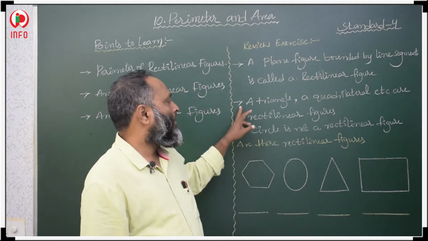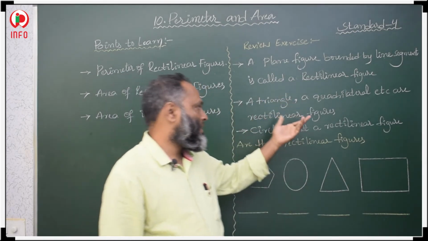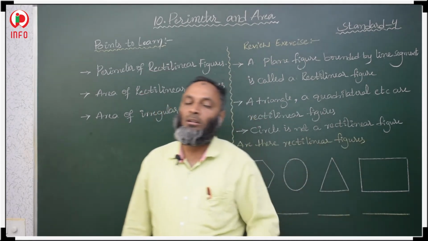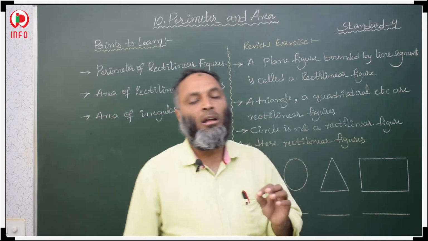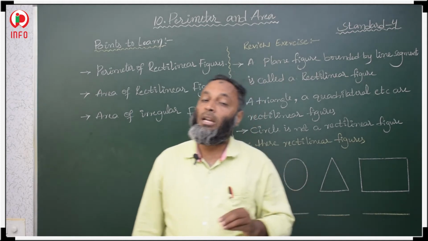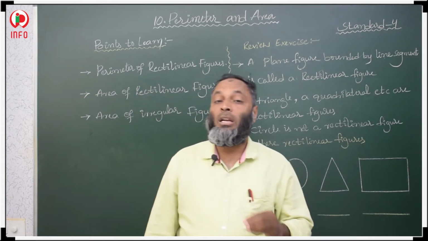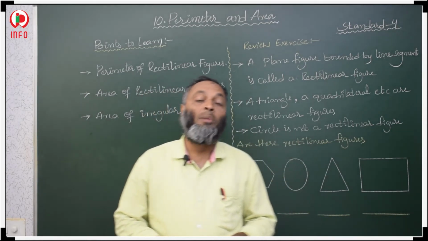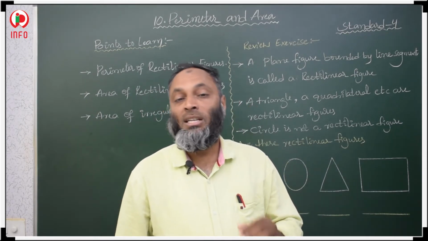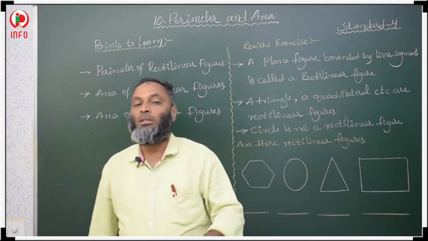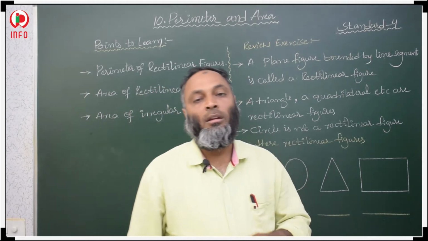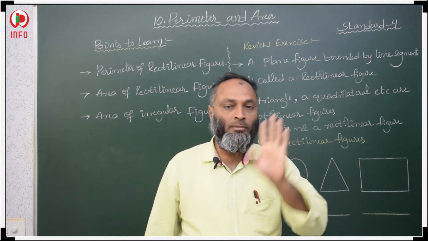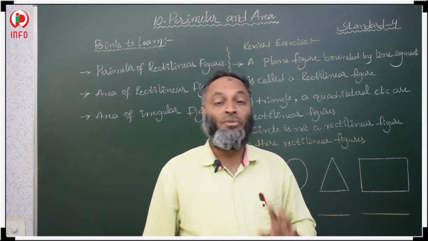Okay. Now a triangle, a quadrilateral, a pentagon, a hexagon, an octagon, nonagon, decagon, all these are rectilinear figures. Why are all these rectilinear figures? Because all these geometrical figures are bounded with straight lines. So all polygons are rectilinear figures, because all polygons are bounded with straight lines.